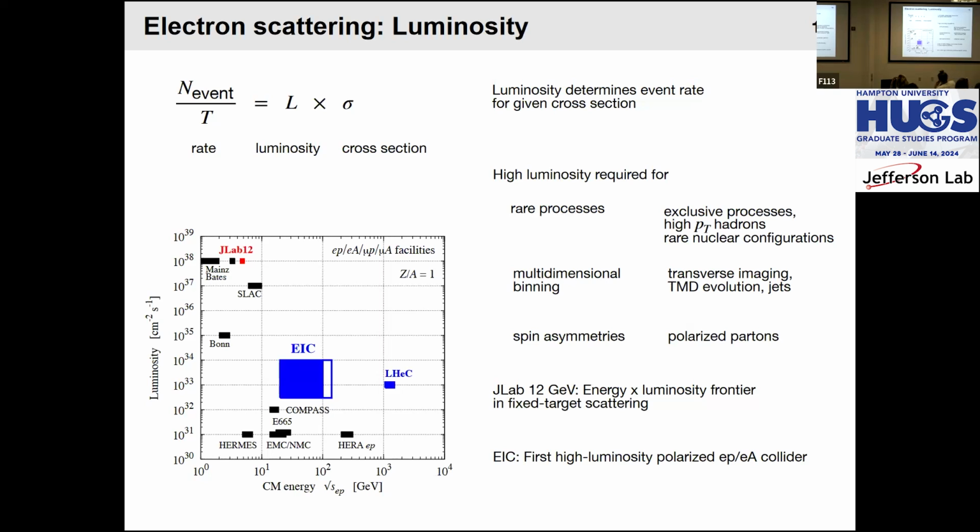They reach luminosities up to 10 to the 38 per square centimeter per second in these units. But they're limited in center of mass energy.